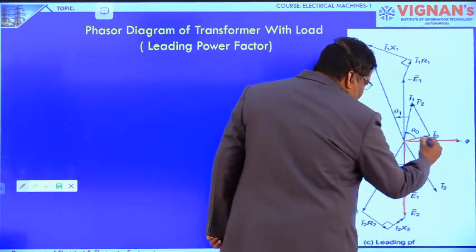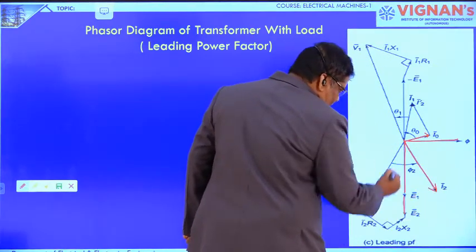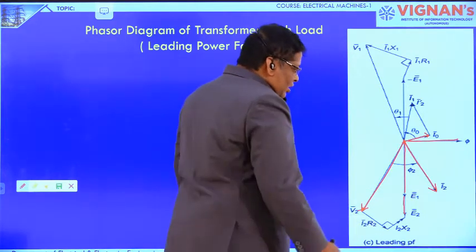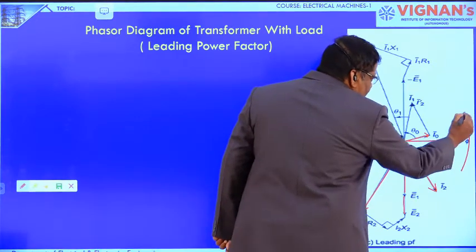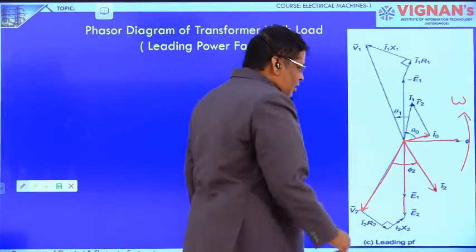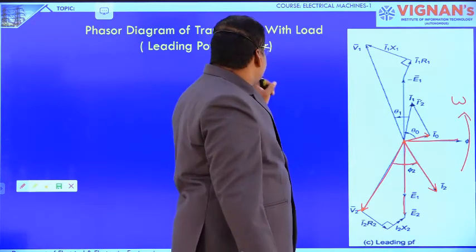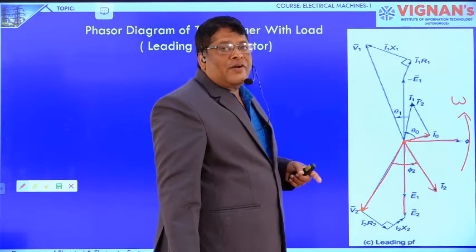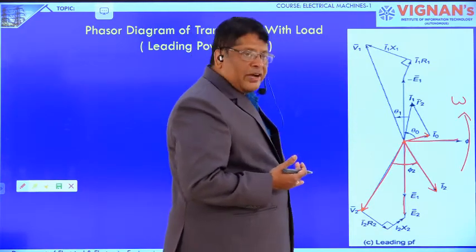Next we have drawn the I0. Next we have drawn the I2. V2 we have taken here. The angle between these two is phi 2. All phasors are rotating in the anti-clockwise direction with omega. So I2 leads the V2 by some angle phi 2. So this is a leading power factor type of load connected across a transformer. We are getting this type of phasor diagram.